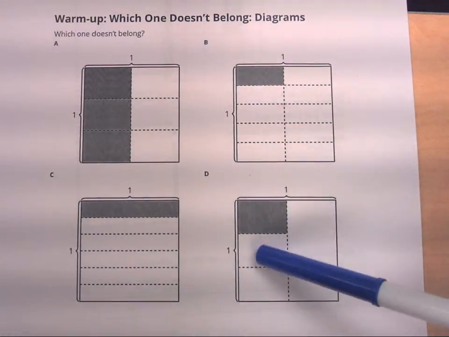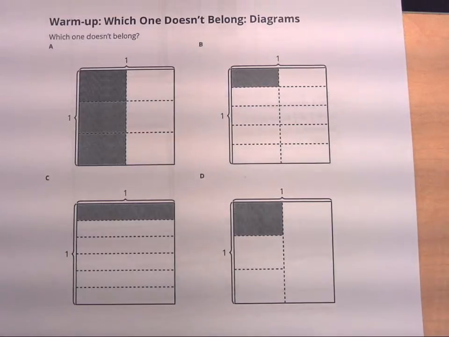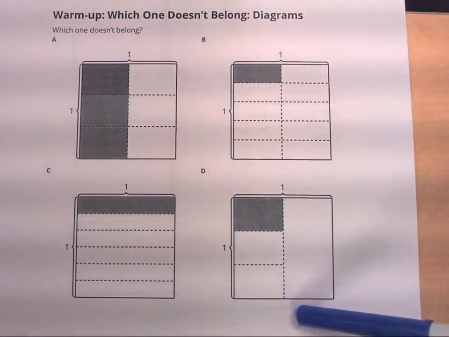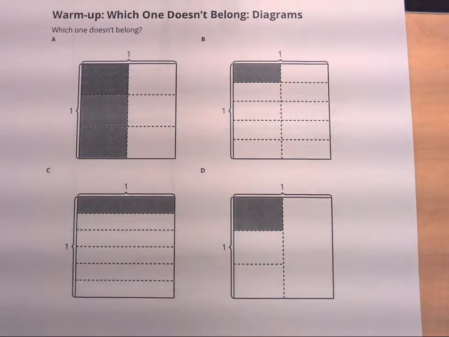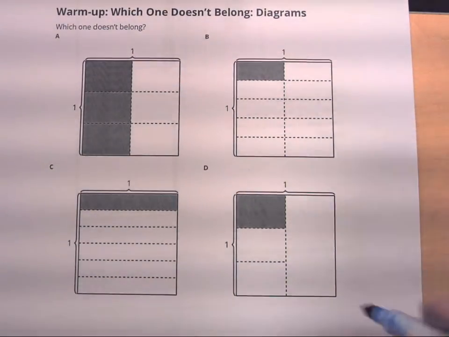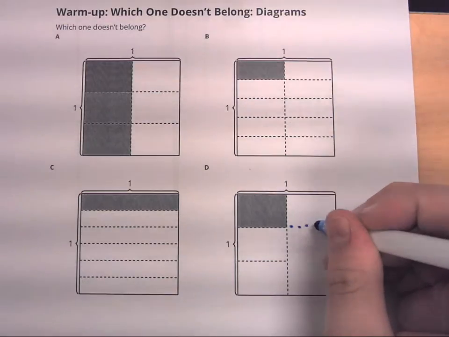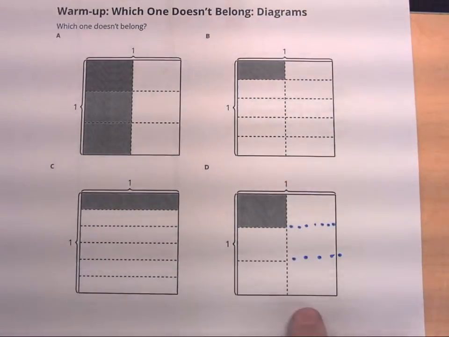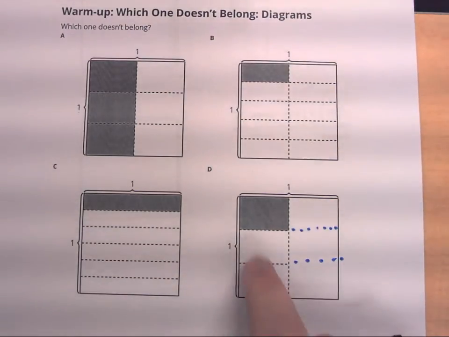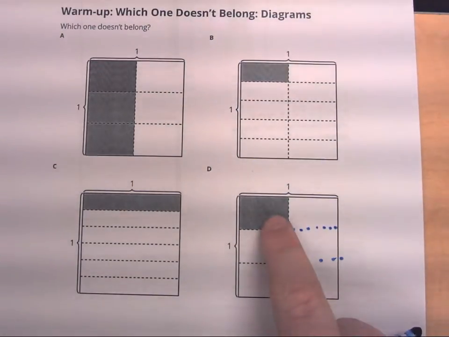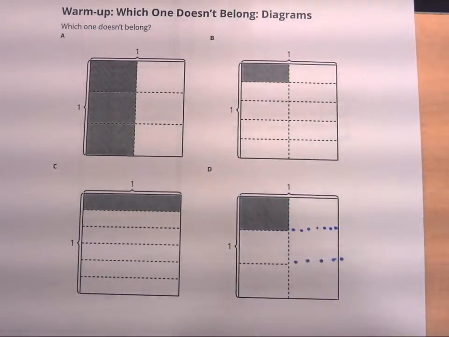Instead, there are 3 partitioned areas that are equal, and there's a larger area that has not been partitioned. But many students recognized that we could partition this half of the whole just like this side of the whole was partitioned. And so that would mean that this piece here was 1/6.